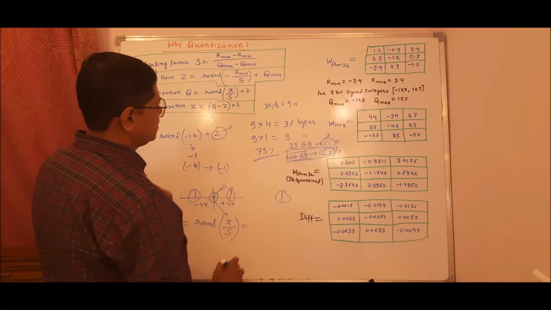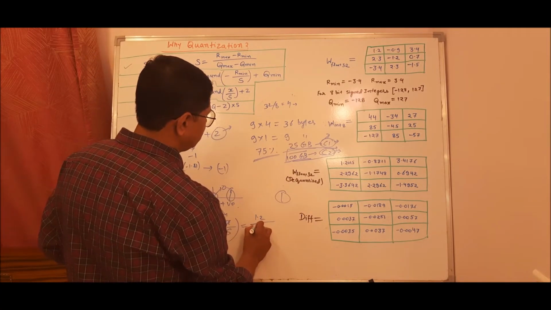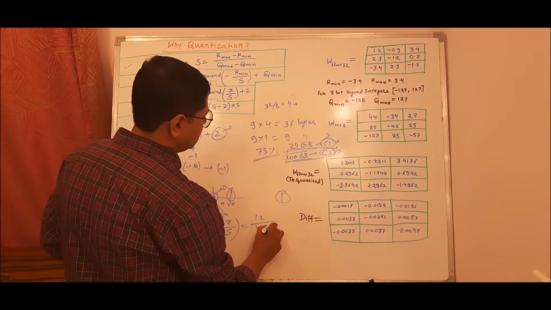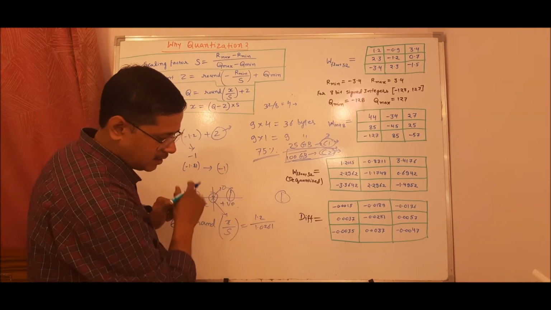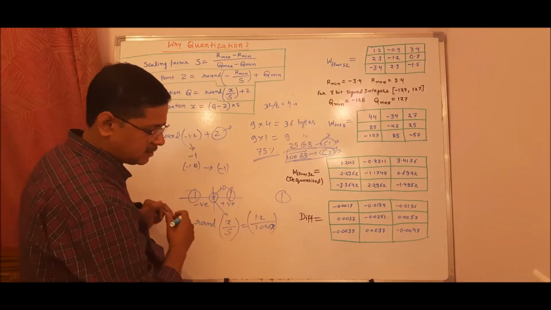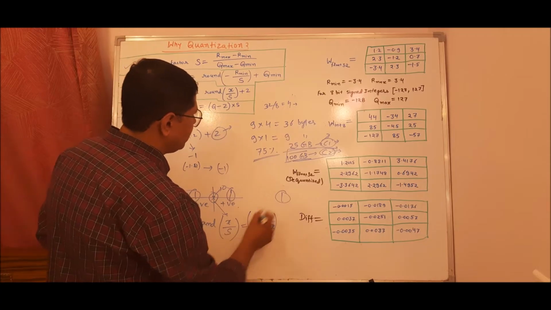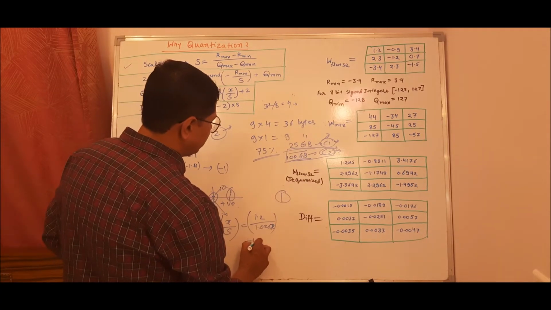So your x is suppose 1.2 and the scaling factor is suppose 1.0267, like we got here. So in that case, you will get some number, and for negative you will get a negative number.